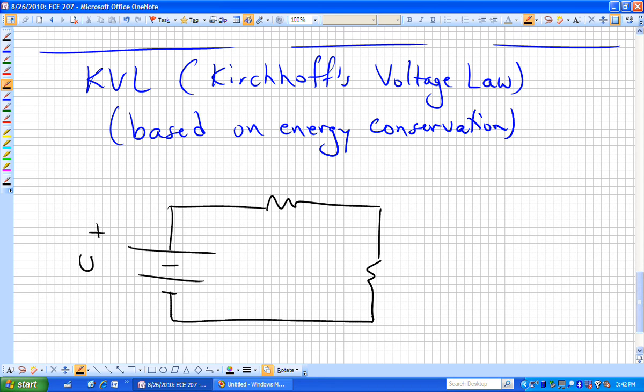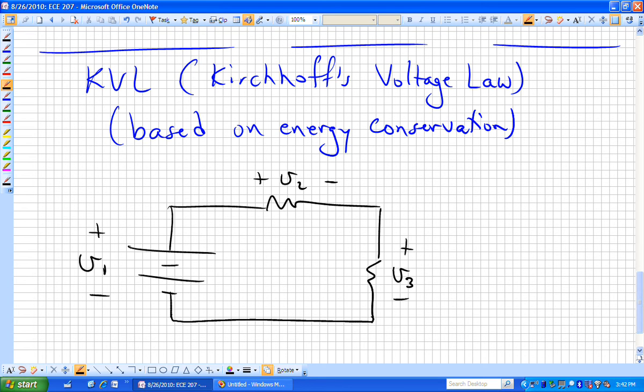Let's call this V1. As I said last time, the long bar is associated with the positive terminal and the small bar the negative. This is a resistor. Let's call that V sub 2. Let's call this resistor voltage drop V sub 3.